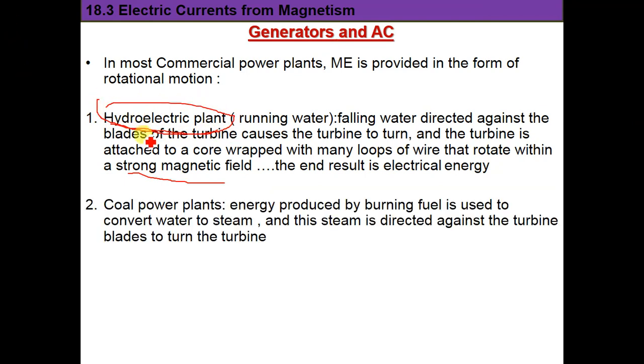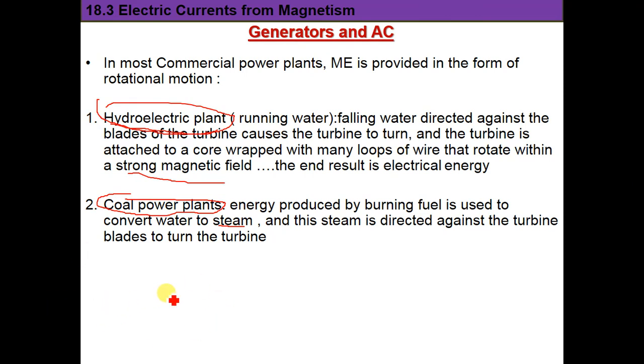Another type is coal power plants. They use the energy produced by burning fuel. This energy converts water to steam, and the steam moves through the turbine, causing the turbine plates to turn, which causes the loop to turn.